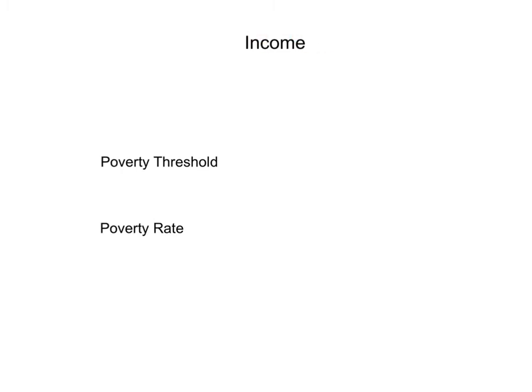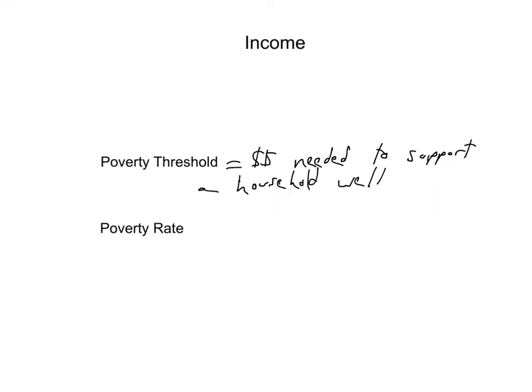income. So what we'll do is we'll have a poverty threshold, and that poverty threshold is sort of the amount of money needed to support a household sort of well.